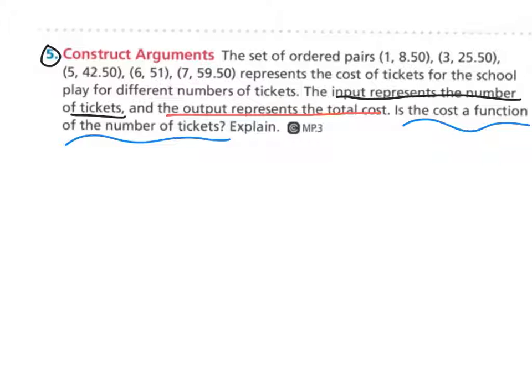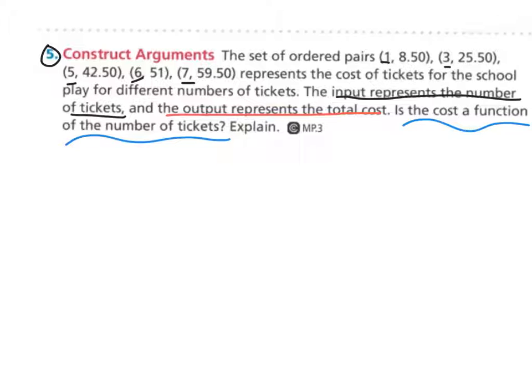Basically, the question is more or less for this problem, if you buy a certain number of tickets, is there just one cost for that? So if you look at all the numbers here, 1 ticket, 3 tickets, 5 tickets, 6 tickets, 7 tickets, all the ticket numbers are even different.